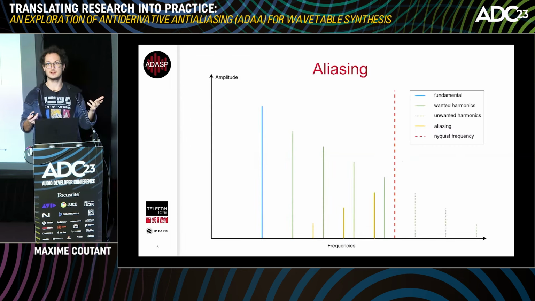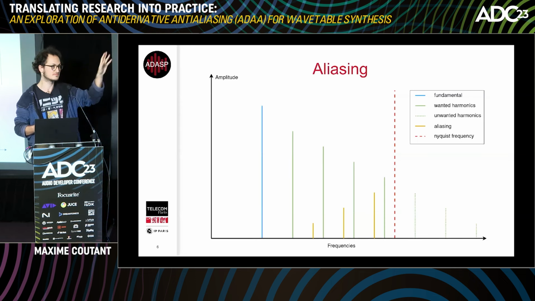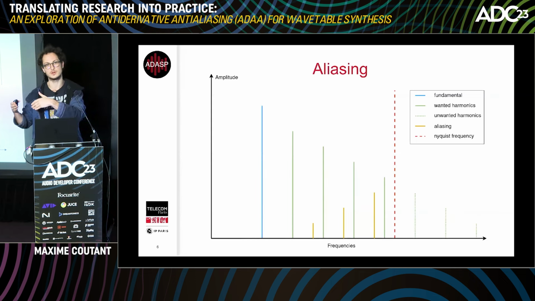Okay, what's aliasing? Aliasing in the audio world occurs when you try to represent frequencies that are above your Nyquist frequency, which is half your sample rate. So here you've got a quick example. You have a signal with its fundamental in blue, you have its harmonics in green, and in dotted green the harmonics the signal should have.